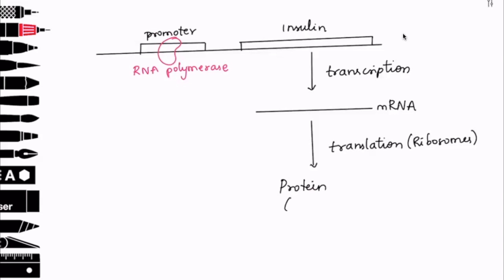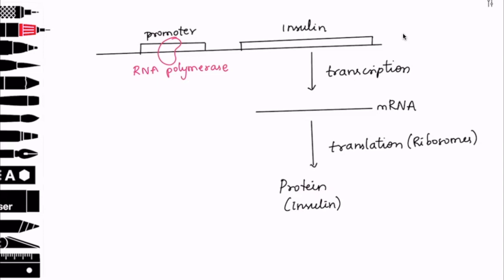In this case, it's insulin. So this is how insulin is produced. Once there is a signal from outside the cell for insulin production, the RNA polymerase binds to the promoter region of the insulin gene and then transcribes the insulin gene into mRNA. The mRNA is then translated by ribosomes into protein, that is insulin.